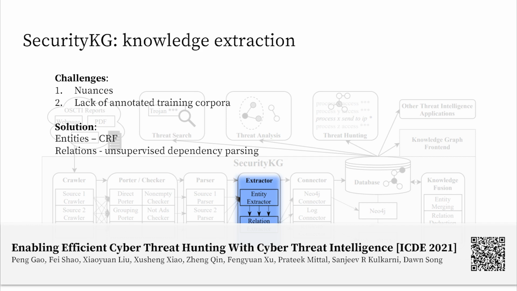To address the second challenge, we programmatically synthesize annotations using data programming. Particularly, we create labeling functions based on our curated lists of entity names. For example, the lists of threat actors, techniques, and tools are constructed from the MITRE ATT&CK table.